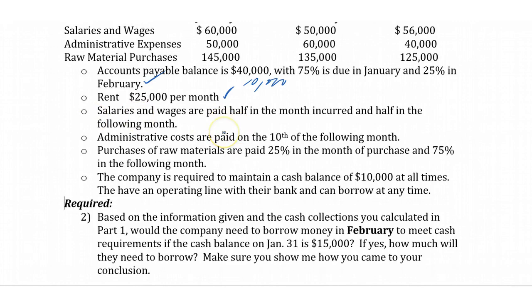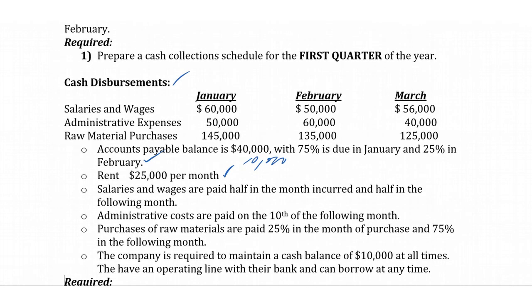Salaries and wages are paid half in the month incurred and half in the month following. So that means we really have two payments here. We have the second half of January, so that's $30,000. And we have the first half of February. That's $25,000.